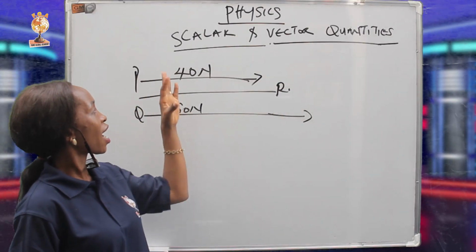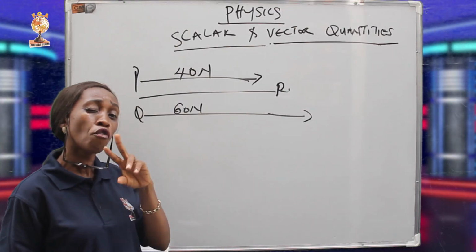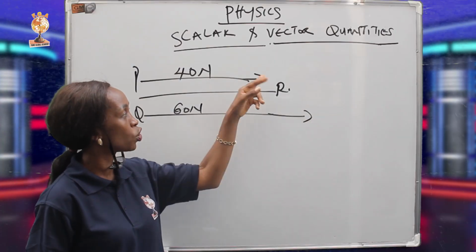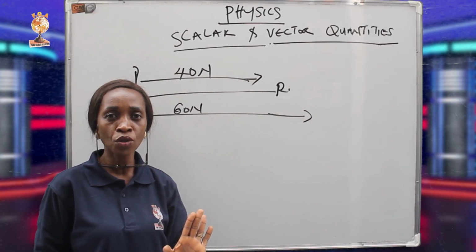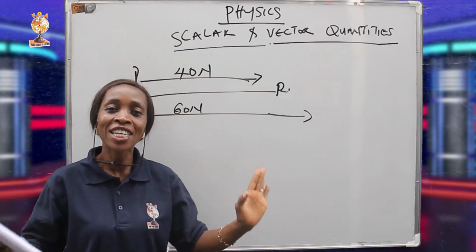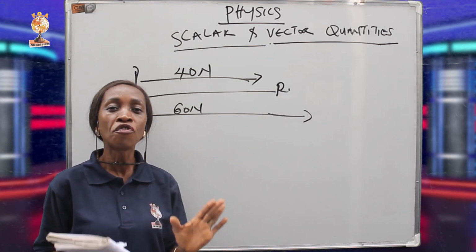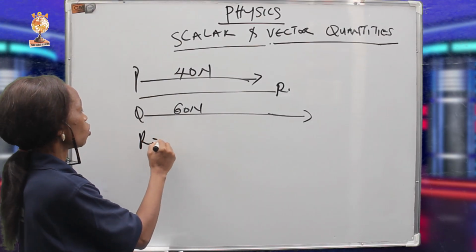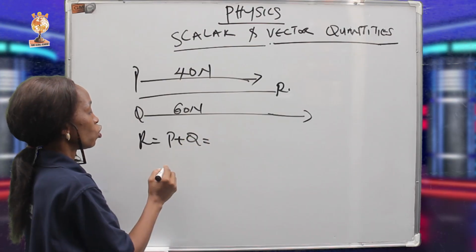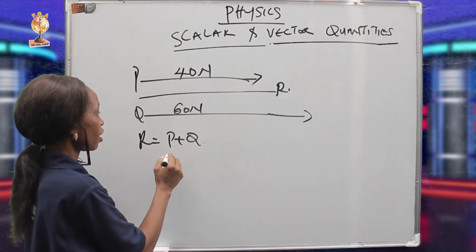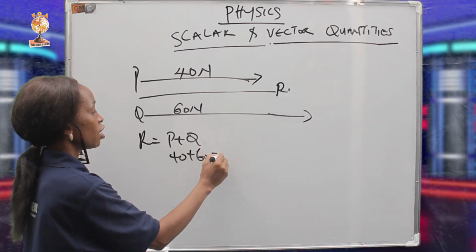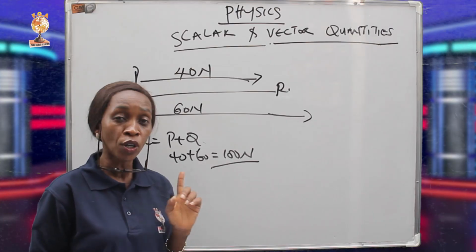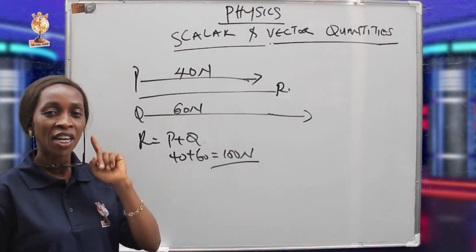Because they are vector quantities and they are two forces, they have two magnitudes, and they are going in the same direction. This arrow shows that they are moving in the same direction. So what do you do? You add them because they are moving in the same direction. So the resultant R is equal to P plus Q. So we have 40 plus 60 is equal to 100 Newton. So their resultant is 100 Newton because they are moving in the same direction.